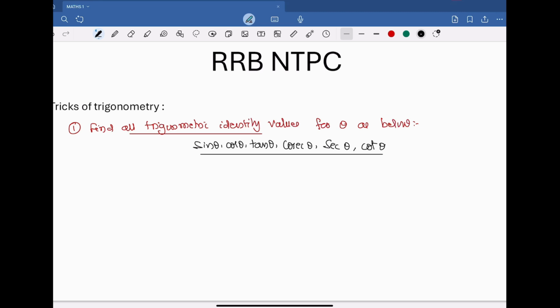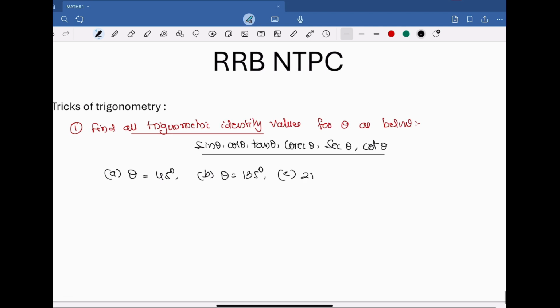You please find out. For theta being, A, theta is equal to 45 degrees. B, theta is equal to 135 degrees. C, theta is equal to 225 degrees. D, theta is equal to 315 degrees.